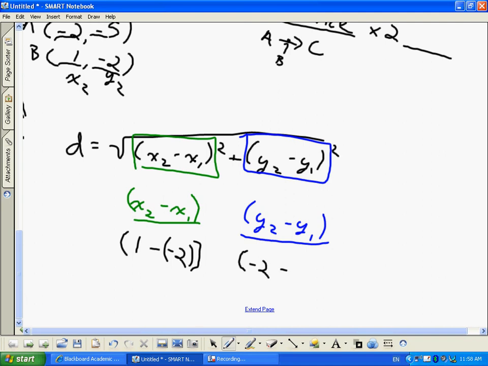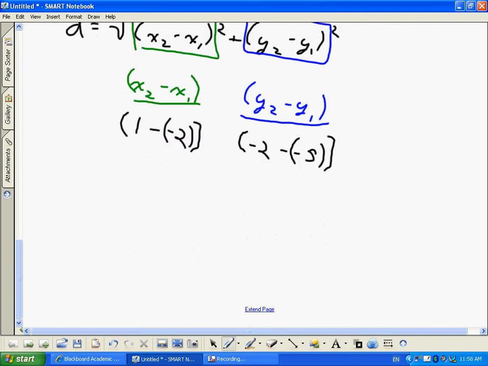Subtract y1 is -5. Now we take a look at this. 1 subtract -2. Well, that's going to give us 3. So I know our distance is 3. And from here, -2 plus 5 is going to give us 3.